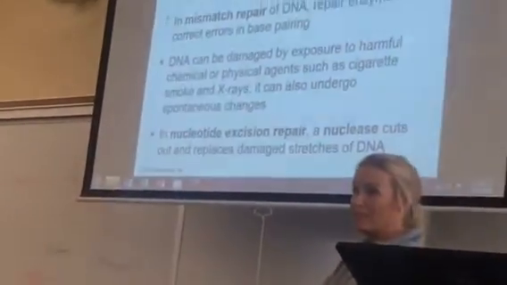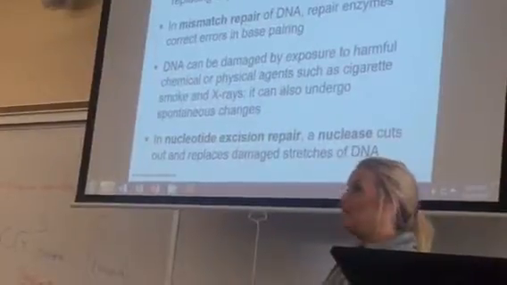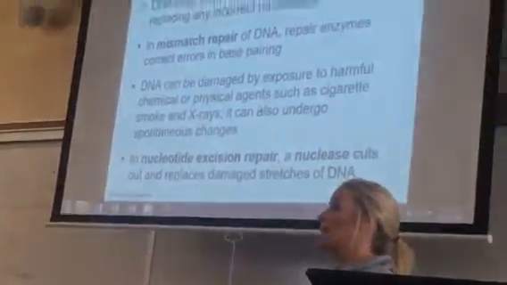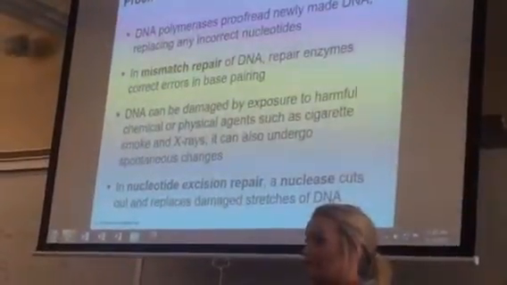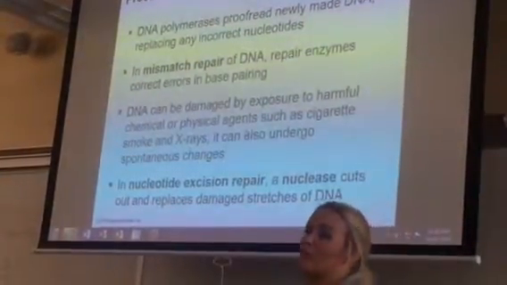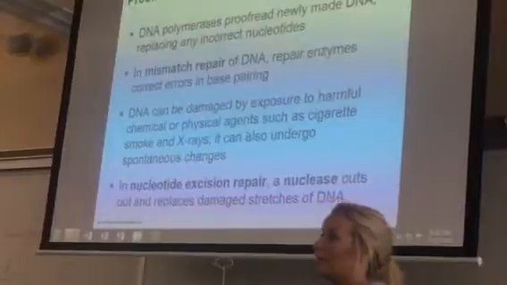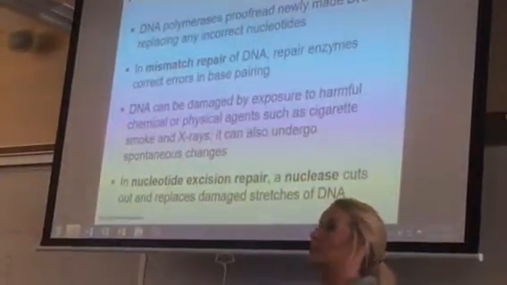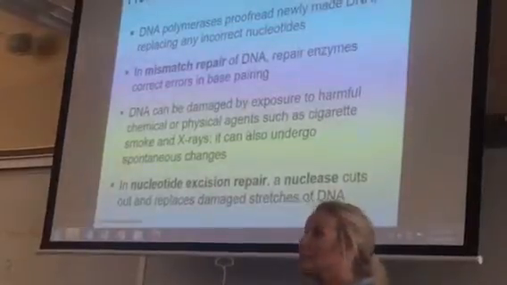But every time that cell divides, if it's not corrected, that mutation persists in that cell population. So there's additional machinery in place to deal with this, like, oh, this person sat out in the sun too much, or this person ate a bunch of stuff cooked on a charcoal grill, or this person's been smoking cigarettes, or whatever it is that's causing the damage.